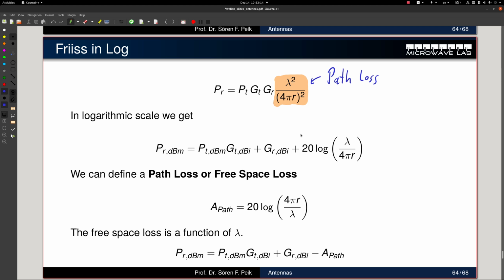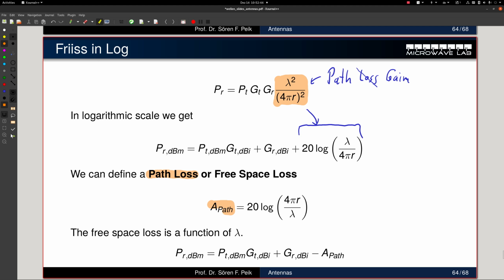And we can put this together in this 20 times log lambda over 4 pi r. And this is actually the path gain, to be precise, because it shows me how much my power becomes bigger. This is a number much smaller than 1. And we can just use the reciprocal, and then this is called the path loss, or sometimes also called free space loss.